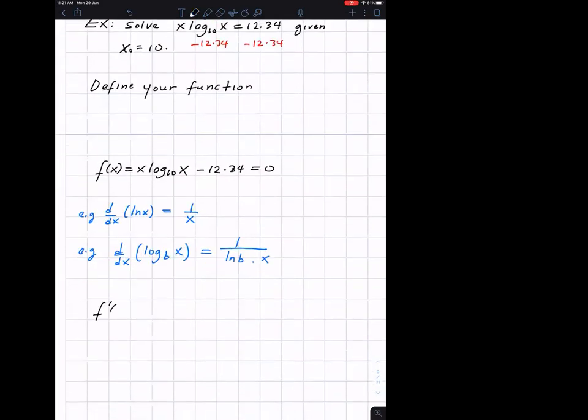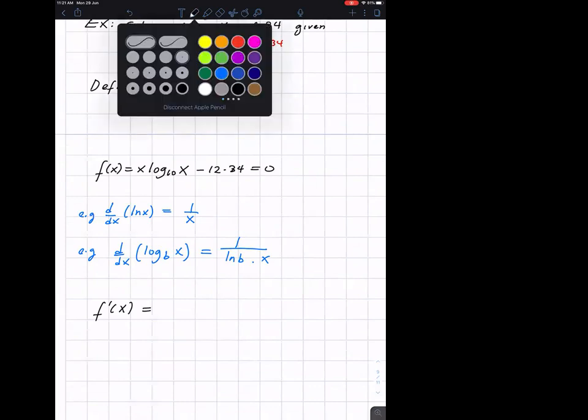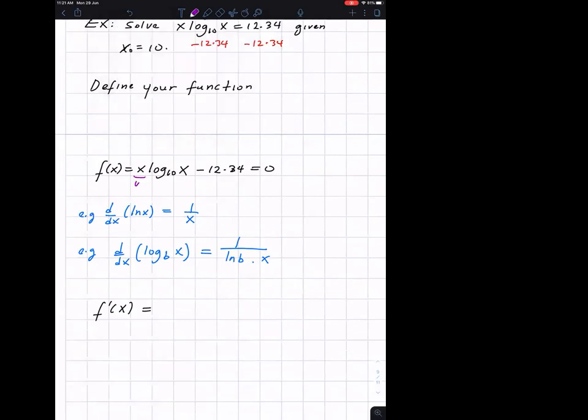Therefore, f prime x is, you apply the product rule on this, call this u, and then you call this v. Applying the product rule, the derivative, this will go to 0, isn't it?